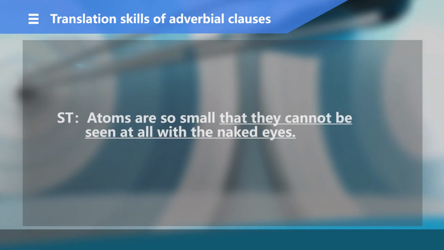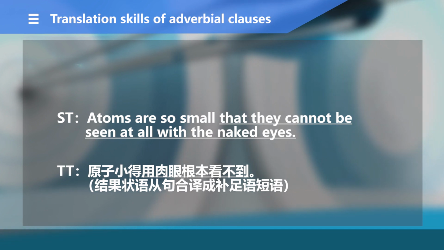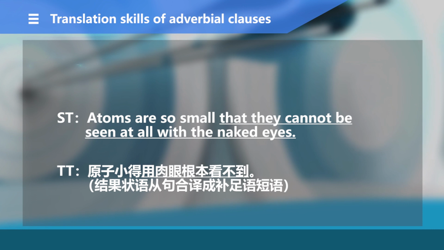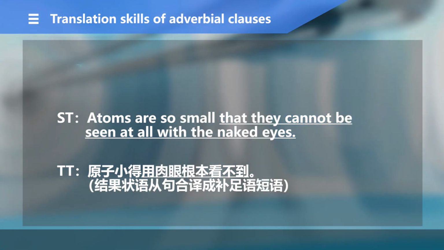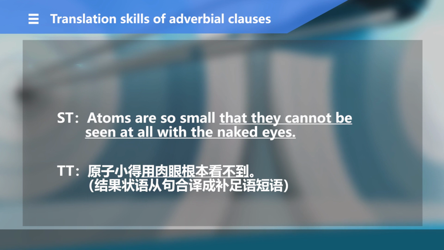Example 8 suggests that the adverbial clause of result, that is, the underlined part, that they cannot be seen at all with the naked eyes in the source text, is translated into a complementary phrase, 用肉眼根本看不到, by the translation skill of combination.